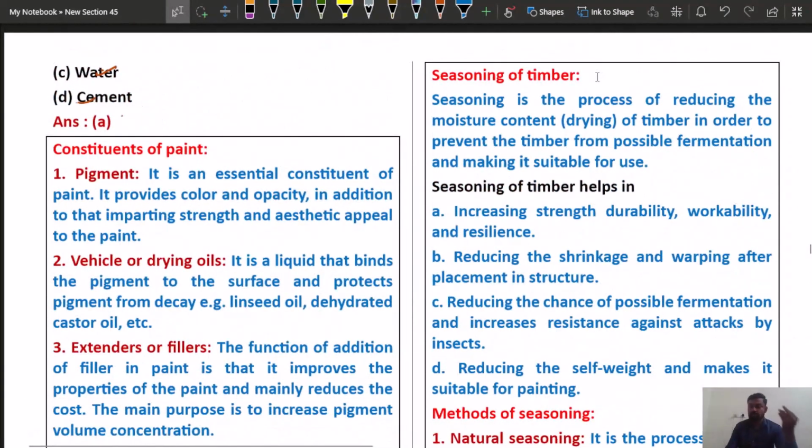Seasoning is the process which reduces the moisture of the timber in order to prevent fungi and other impacts, and this seasoning will increase the strength, durability, workability and resilience of the timber, reduce the shrinkage and warping after placement in a structure, reduce the chance of possible fermentation, increase resistance against attack by insects, and it also reduces the weight and makes it suitable for painting.